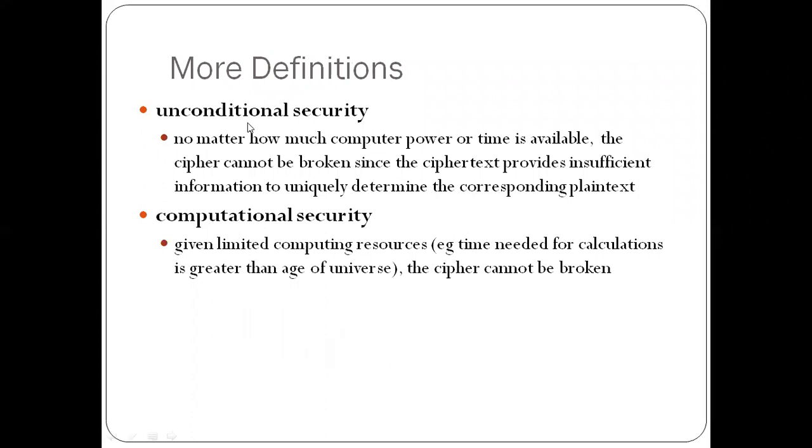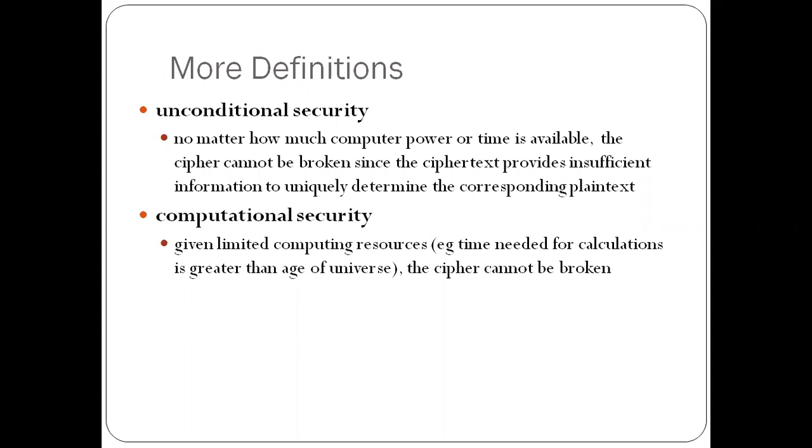Unconditional security: no matter how much computer power or time is available, the cipher cannot be broken, since the ciphertext provides insufficient information to uniquely determine the corresponding plain text. Unconditional security means that however much RAM your system has, unless you can gather information about the ciphertext, you cannot break it. Obviously it actually does not depend on the power of your system, it depends on how smart you are to break the algorithm.